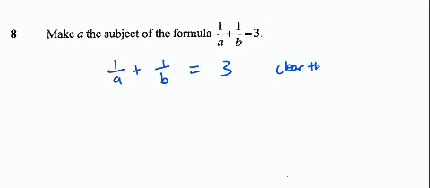The next question that we have is number 8. This one is making the subject of the formula. The equation is 1 over a plus 1 over b equal to 3. So the first step is to clear the fraction. How can you clear the fraction here? Let's give a denominator 1 here. So we multiply with our common denominator.